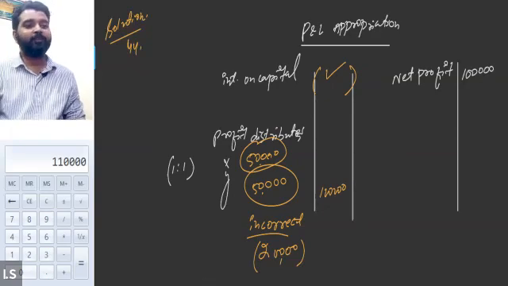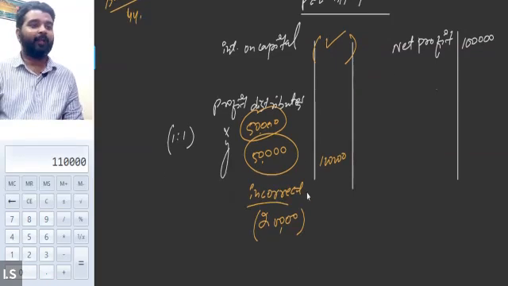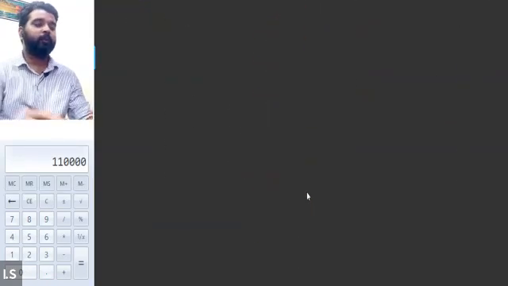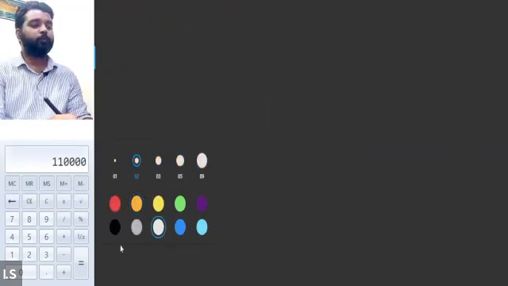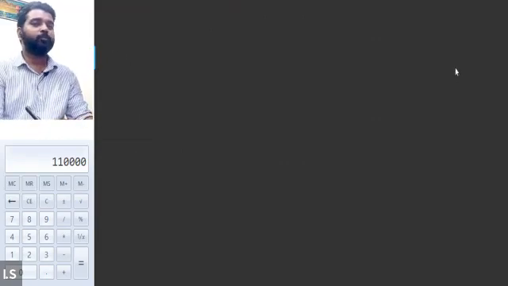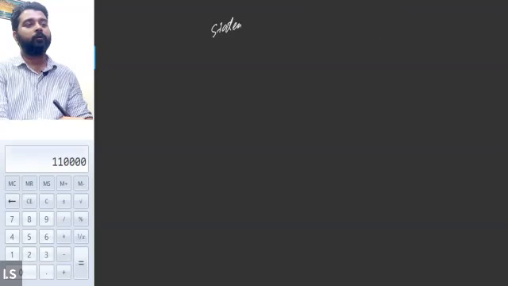Now we have to make the correction. For that purpose, we will prepare the format of the statement of past adjustment. Listen to me carefully, try to focus and pay attention here. We will prepare a statement of past adjustment.